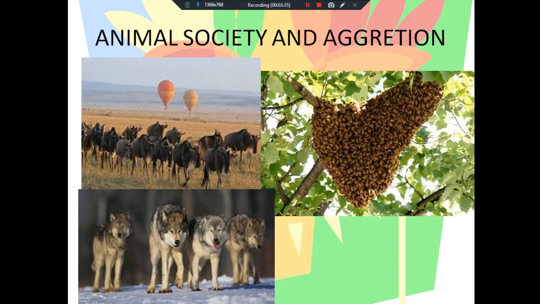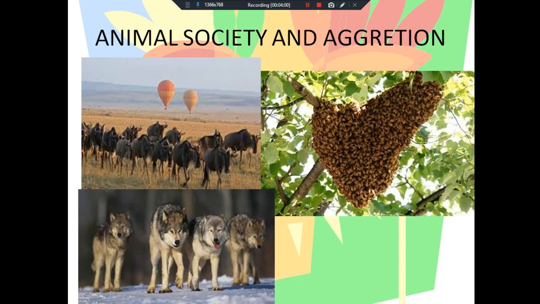Organisms living together in organized groups are said to live in societies. A society, a social group, is a group of individuals of the same species that interact with each other and influence each other's behavior in different ways. This behavior interaction is a key characteristic of society. A hive of bees, a pack of wolves, a school of fishes are examples of societies.